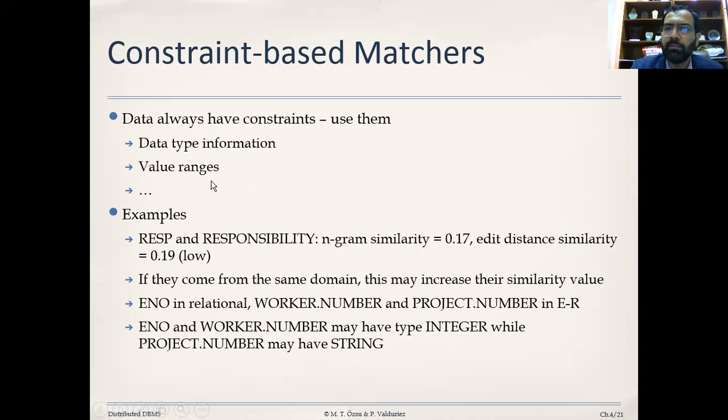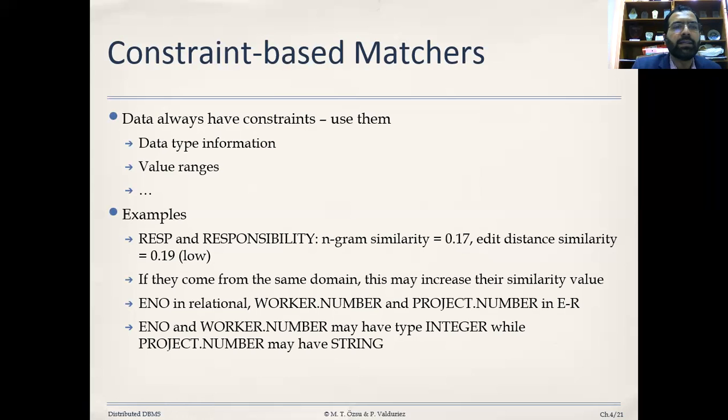The time which an employee can give to a project cannot exceed 30 hours, or cannot be less than 10 hours. So you make a range and then compare the various ranges, and then you might know whether they are similar or not. Similarly, if those values represent the marks of students, you might have various ranges, and then you can see whether these ranges are the same or not.